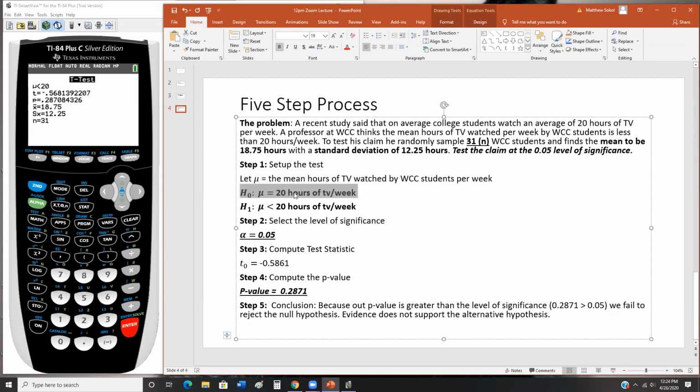So it looks like, according to just this made up study that I did here, that you guys watch 20 hours of TV on average, just like every other college student. Now, if this p-value had been less than this number, you would reject the null. There are examples of this in the online lectures, and what you would say is evidence supports the alternative hypothesis.